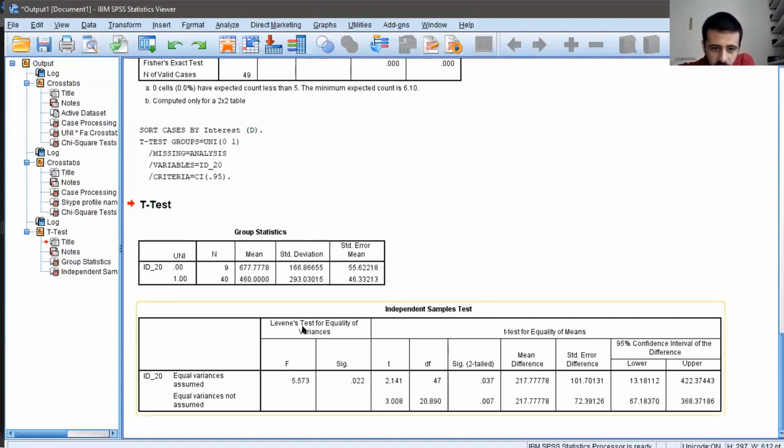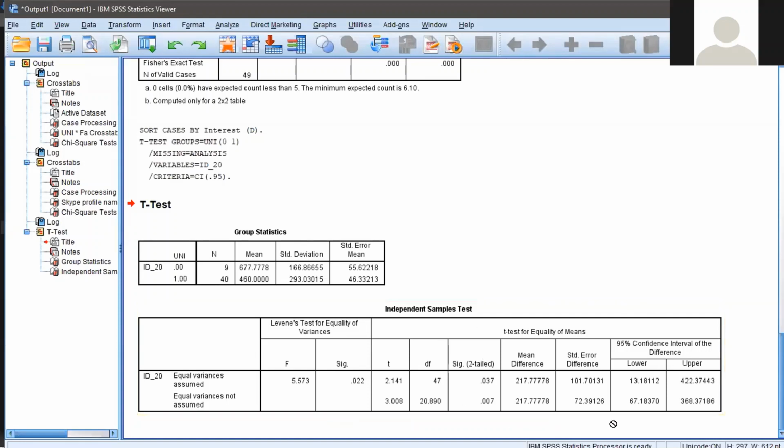What is this test for? It says it's for equality of variances. Exactly. So if this test is significant, then we don't have equal variances. This assumption is violated, right? Yes.